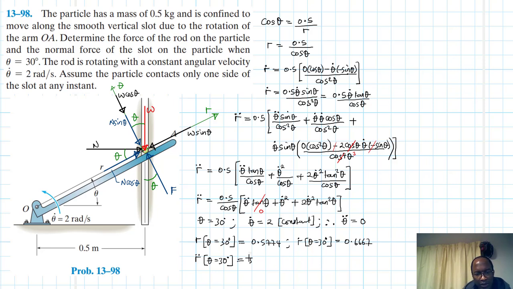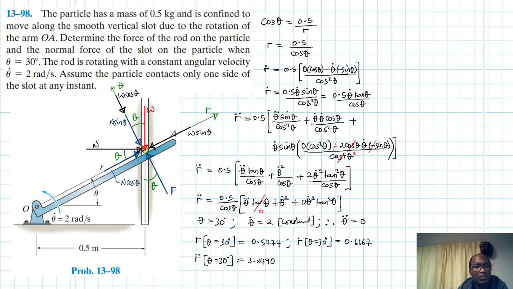So this gives us 3.8490. I repeat this: 2 by 2 squared by tan 30 squared plus 2 squared by 0.5 divided by cos 30 gives 3.8490. Alright, I think we found everything.